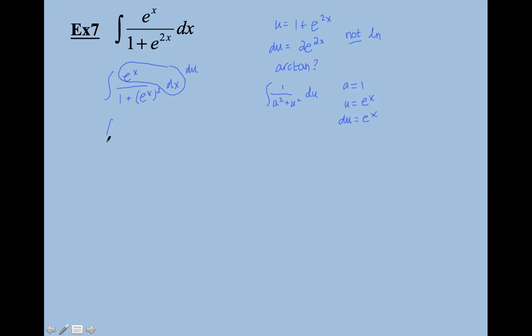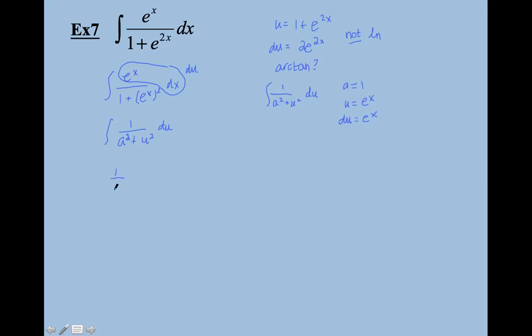And this turns into 1 over a squared plus u squared du. So the antiderivative of that comes out to be nicely the arctan. And I could do my 1 over a here, but our a is 1.